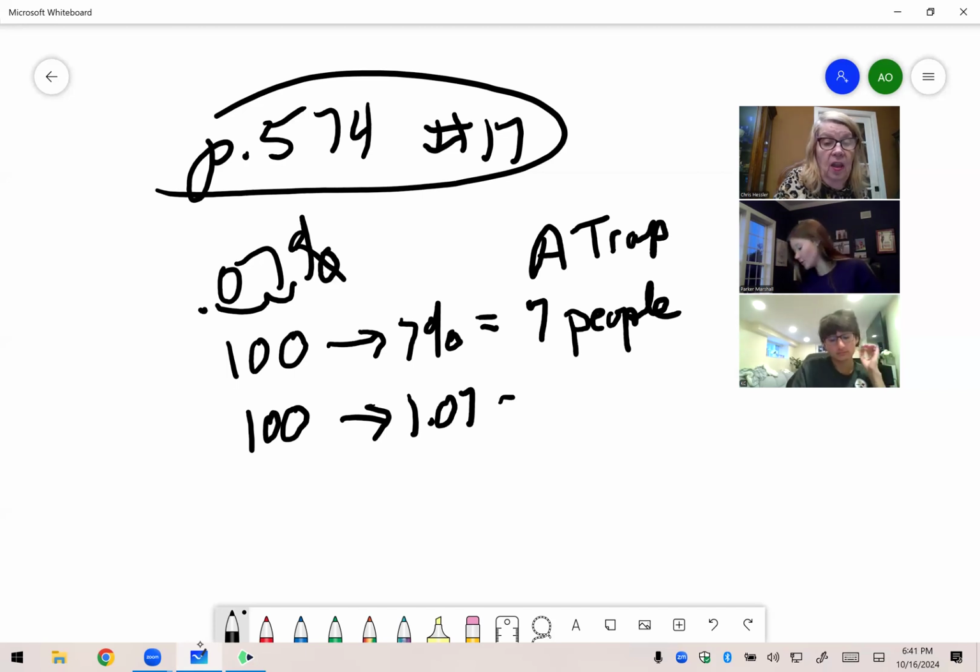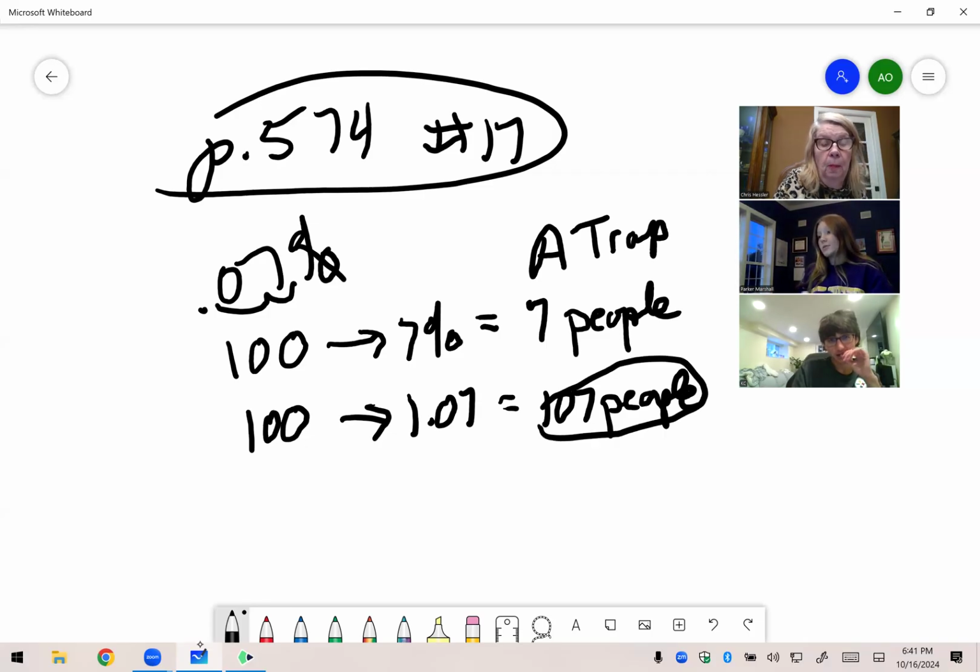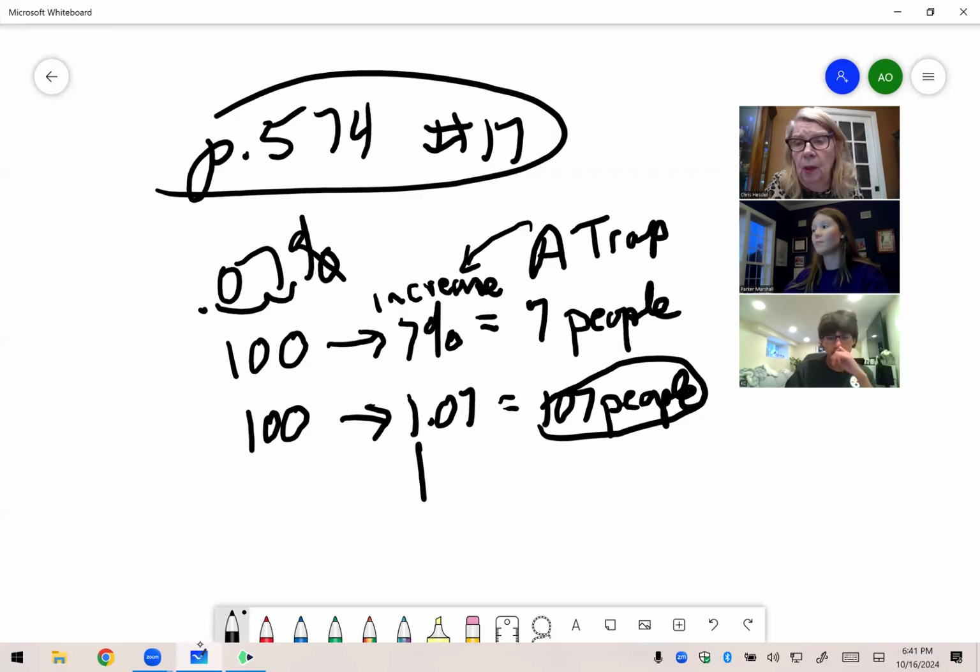Do you see? That'll be the answer I want. That'll be all the people. You could think of that 1 as 100%. Does that make sense, Jace? Yes or no? Because you want all the people, not just the increase. A would just give you the increase. Do you see that, Parker?